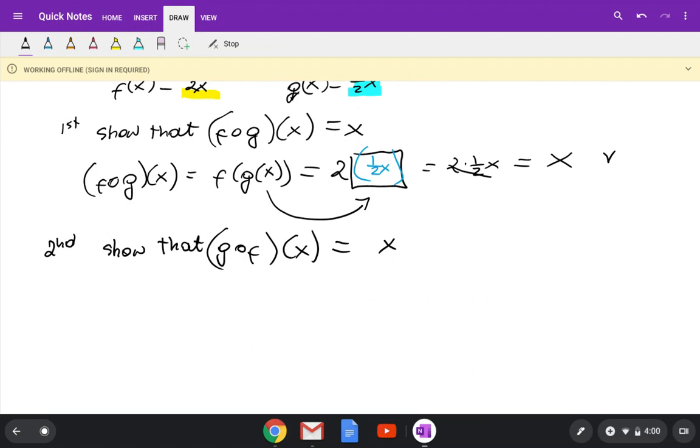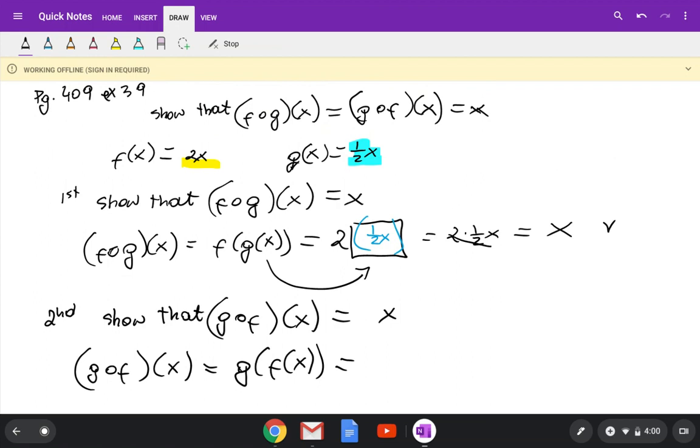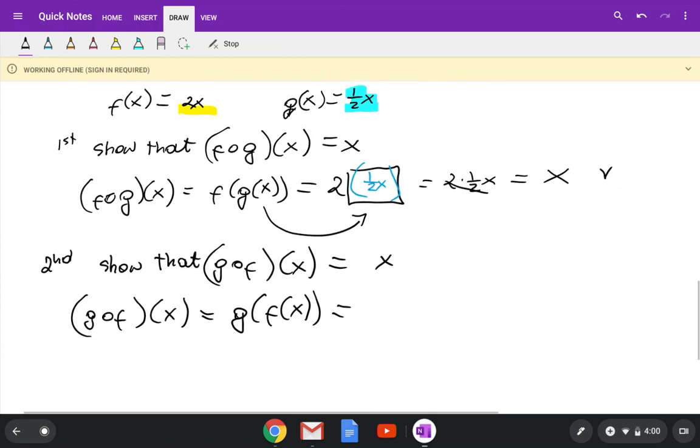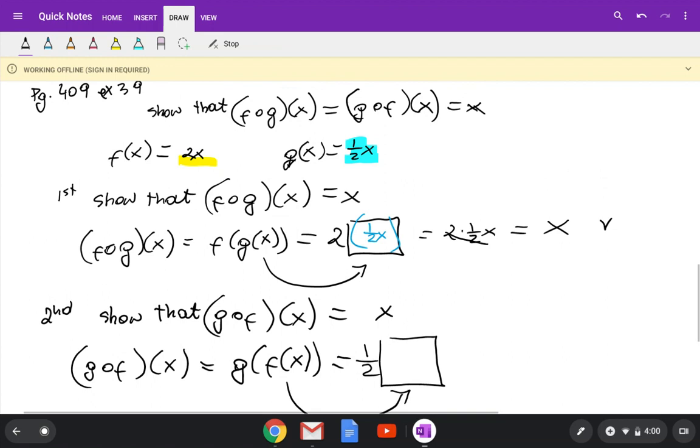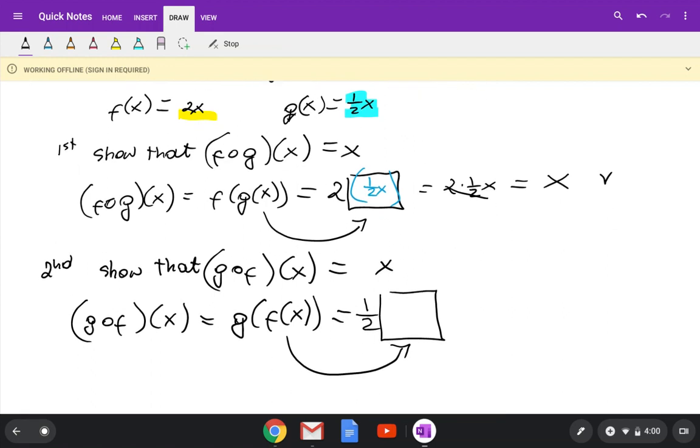So let's create that composition. G composed with f of x is the same as g of f of x. Okay, the outside function is g, so I copy 1/2. Originally we have x, however that x is going to be replaced with the equation of function f, which is 2 times x.